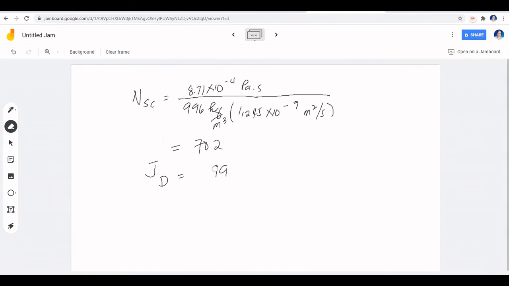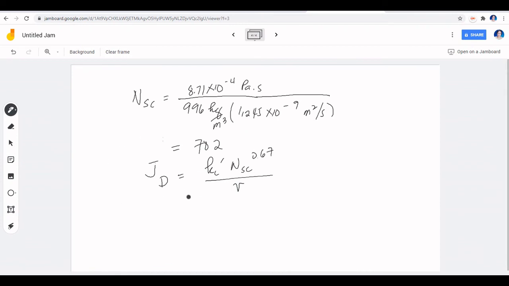Now I will point out to you where this particular formula came from. So J sub D is equal to k sub c prime, the Schmidt number, which is raised to 0.67, and all of this divided by the V. Now, where did this particular J sub D come from?